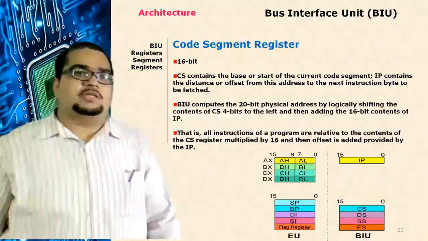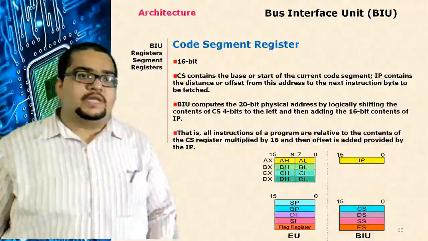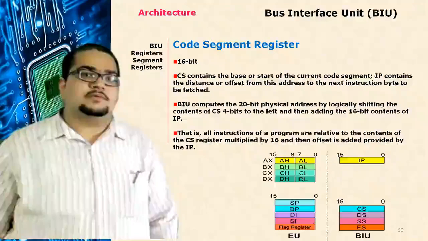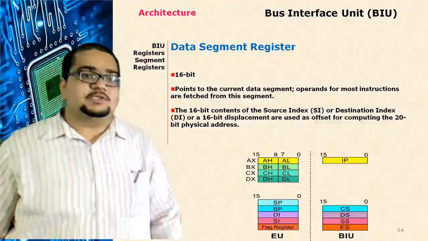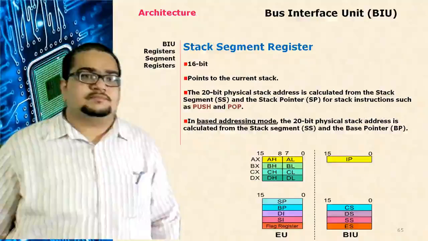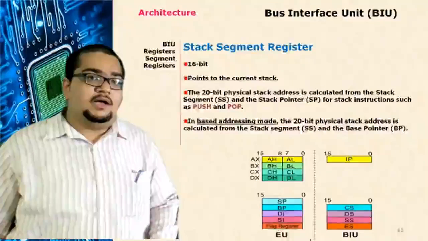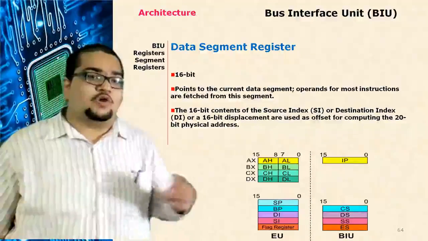So it's about all the different registers here. The code segment register is used for holding the segment address of program instructions. Data segment registers are used for holding the segment address of the data, not the offset address, sorry for that.